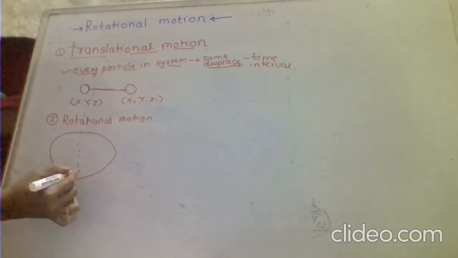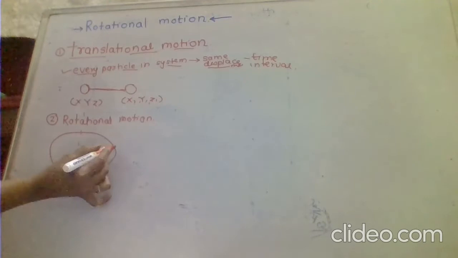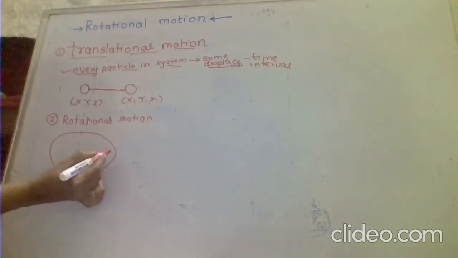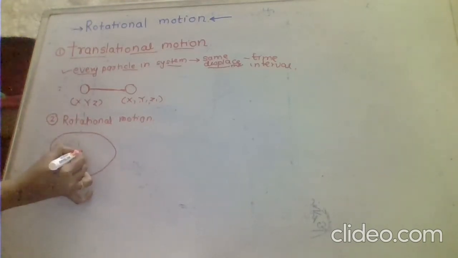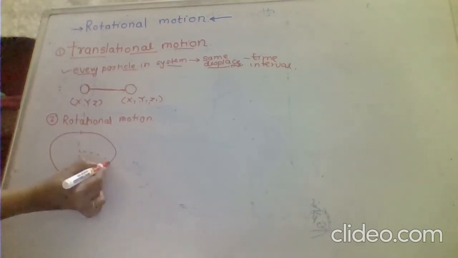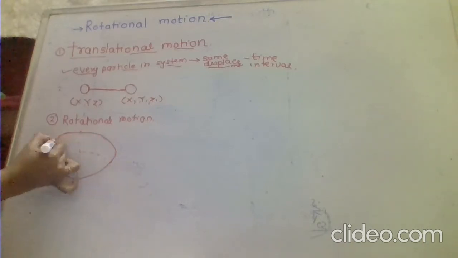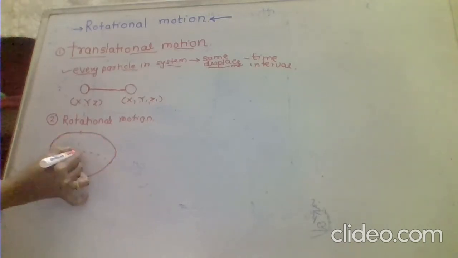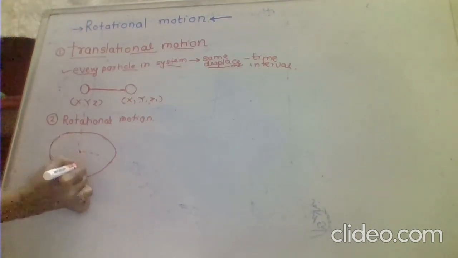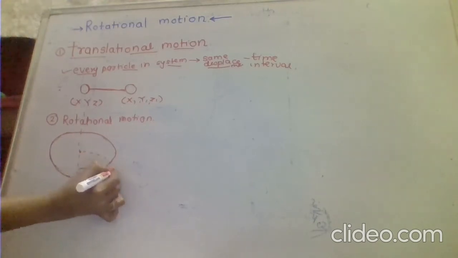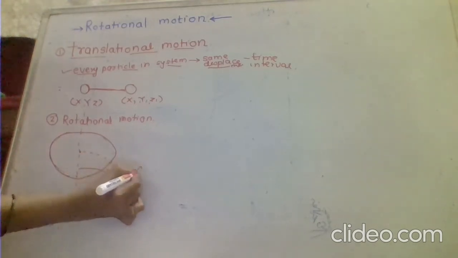The displacement of every particle describes a circle whose center lies along a line. The motion of the particle describes a circle whose center lies on the axis, and that axis is called the axis of rotation.